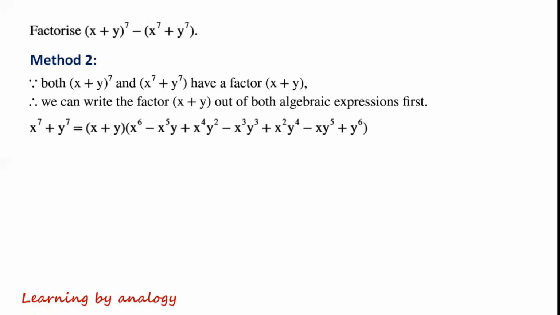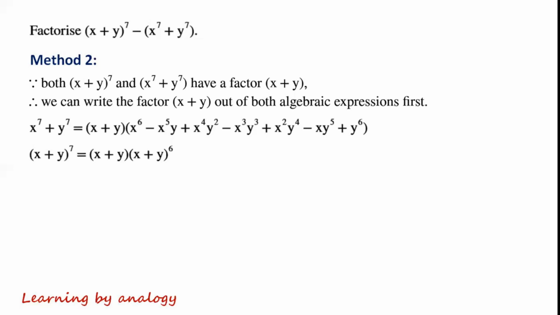X to the power of 7 plus y to the power of 7 equals x plus y times x to the power of 6 minus x to the power of 5y plus x to the power of 4y squared minus x cubed y cubed plus x squared y to the power of 4 minus xy to the power of 5 plus y to the power of 6.